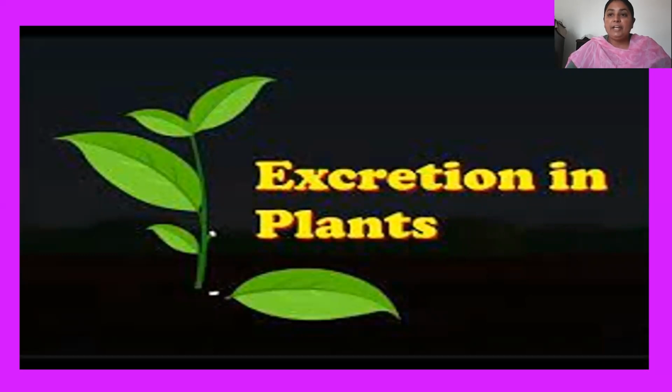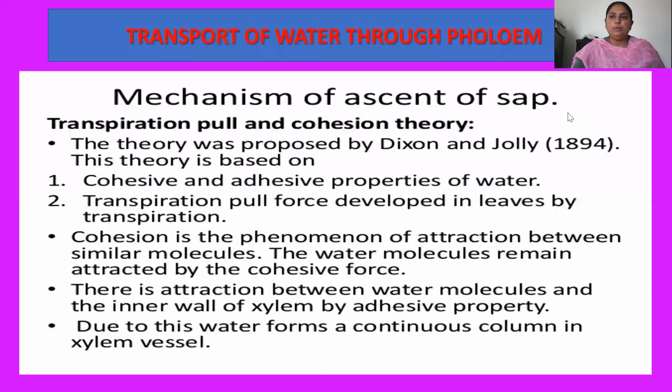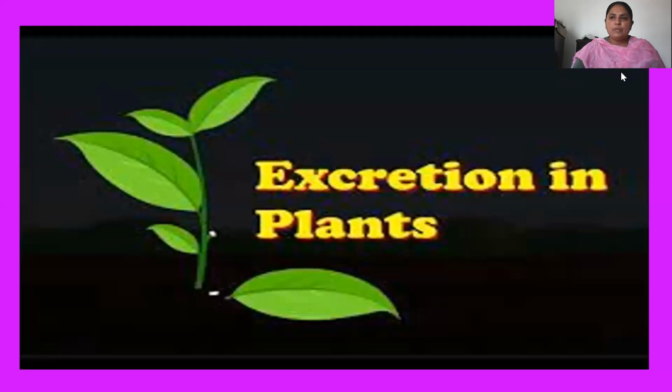Plants, though stationary in their habitat, carry out many metabolic activities too, so they also remove their excretory products. So excretion is also found in plant species. In this topic, I am going to tell you how plants remove their various excretory or waste products which are not required by the plant body.